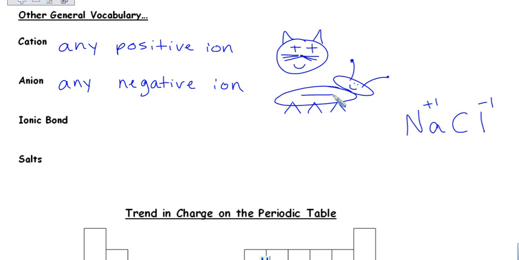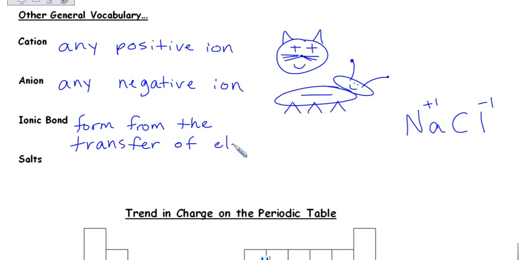The last 2 little vocab words, ionic bonds then. Here's the beauty of an ionic bond. They form from the transfer of electrons. Think about sodium chloride. The sodium ion had 1 valence electron. He wanted to lose it. Well, it's got to go somewhere.